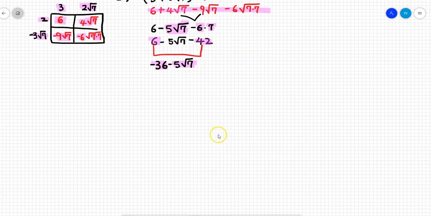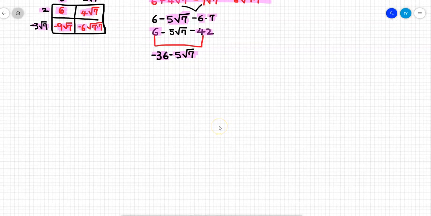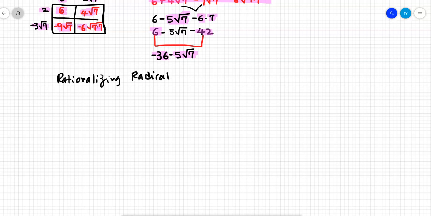All right, so the next thing that we want to look at is something called rationalizing radical expressions. Let me just write that here. We want to do this just for the denominator.